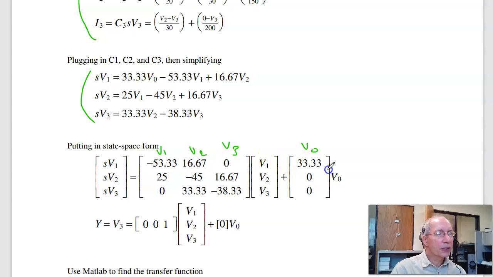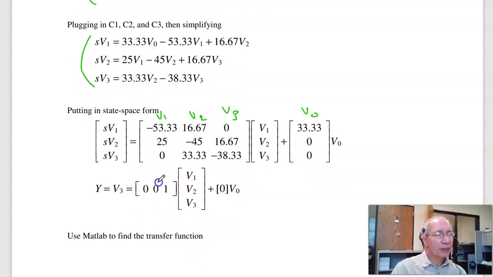SV1 is 33V0 minus 53V1 plus 16.67 V2. Second equation, 25V1 minus 45V2, 16.67 V3. Third equation, 33V2 minus 38V3. And my output is V3.